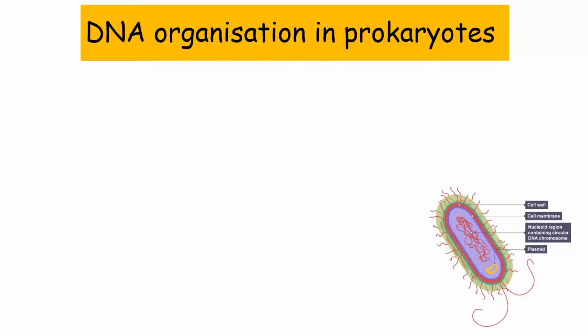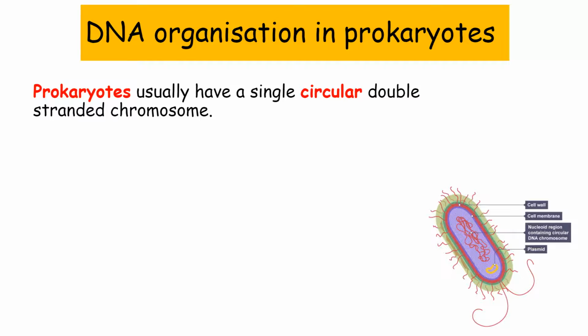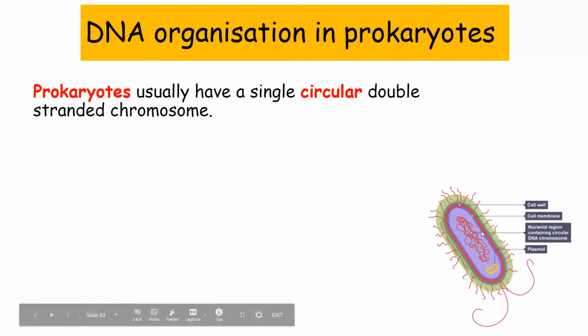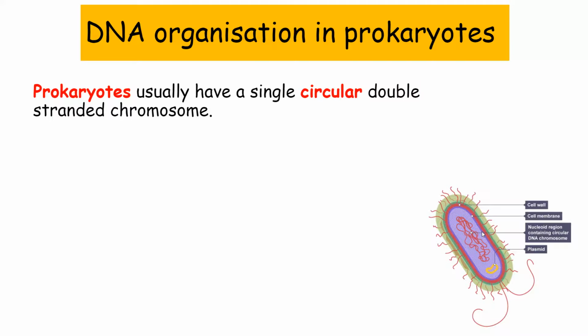Okay, so first thing, prokaryotes usually have a single circular double-stranded chromosome. If you have a look at the diagram, that is this part here, which looks like the red squiggles. Basically, the word circular doesn't necessarily mean it's going to be in a perfect circle. It just tells you that it's not going to be in straight lines, okay?